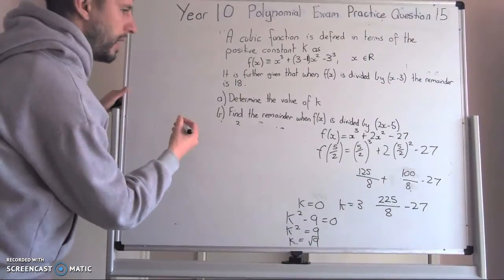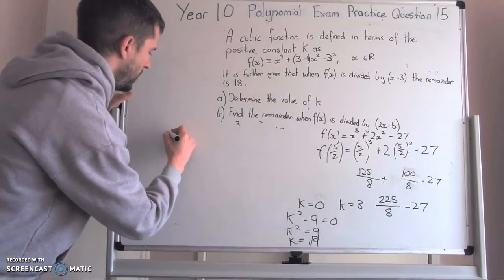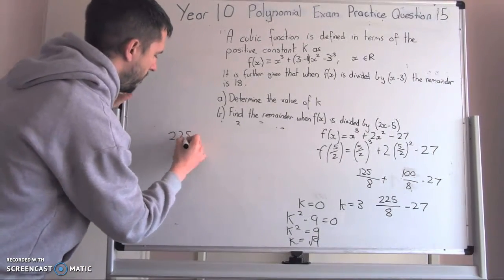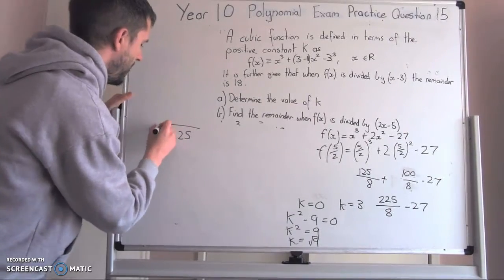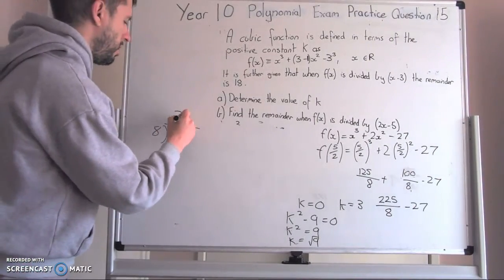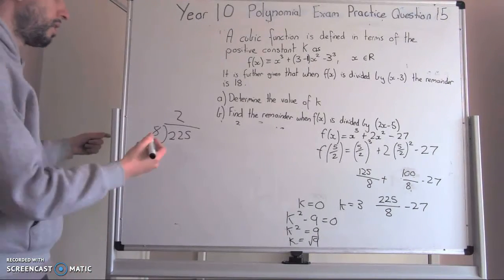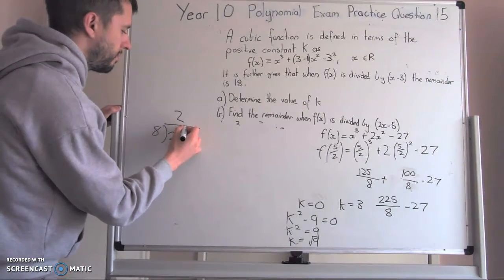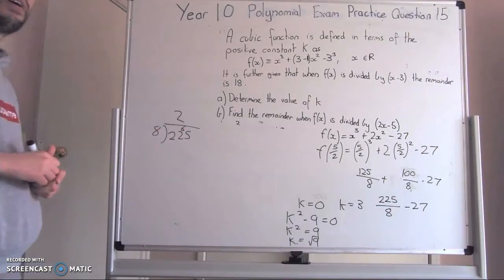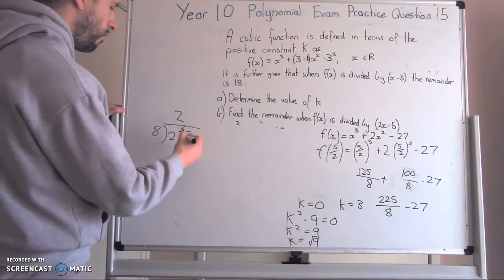Okay, so I'll just do it properly. First thing I'm going to do is 225 divided by 8. How many 8s in 22? 8, 16. How many do I have left over? I've got 6. So now I've got 65. 8 8s are 64.